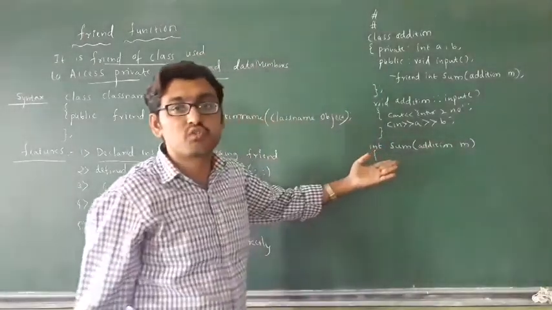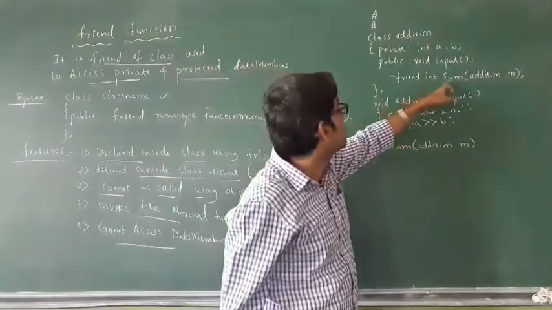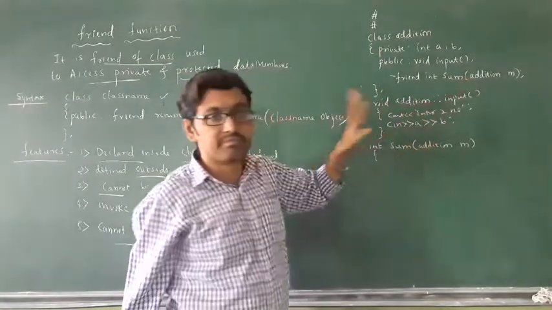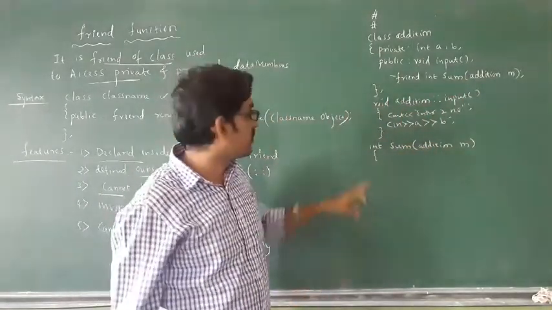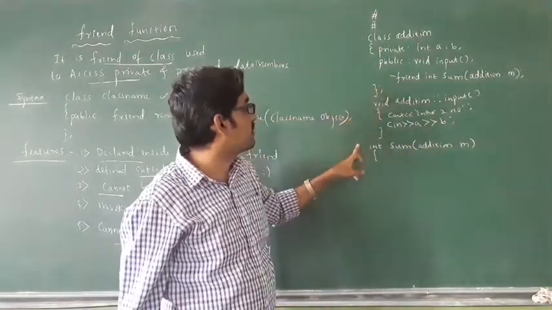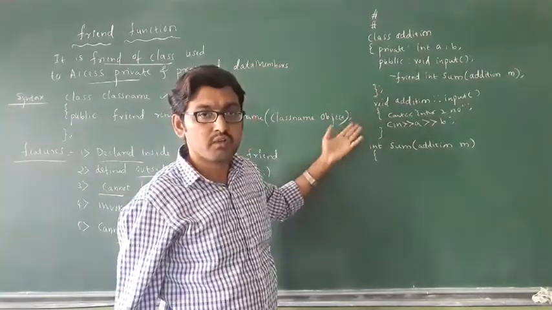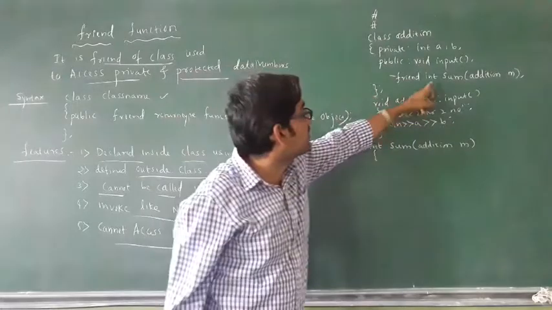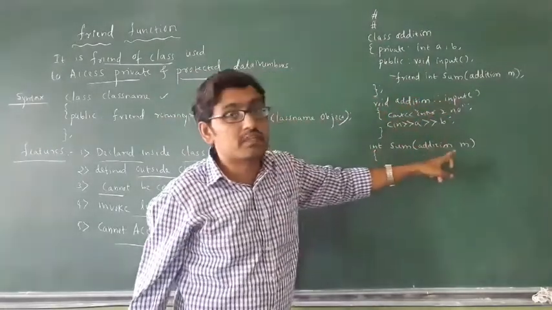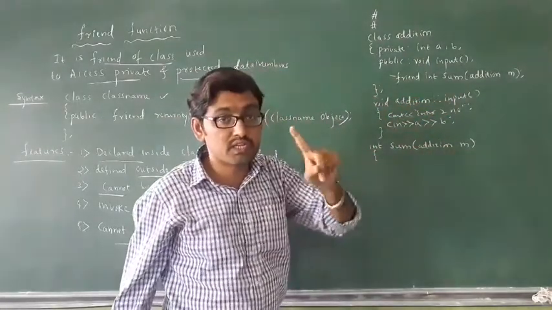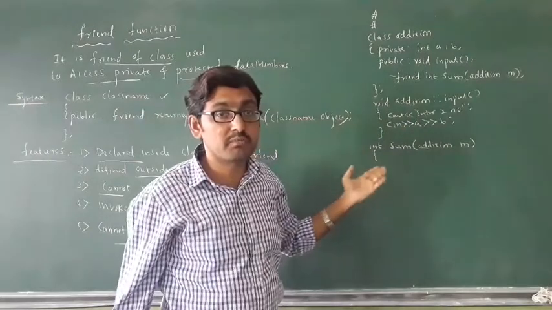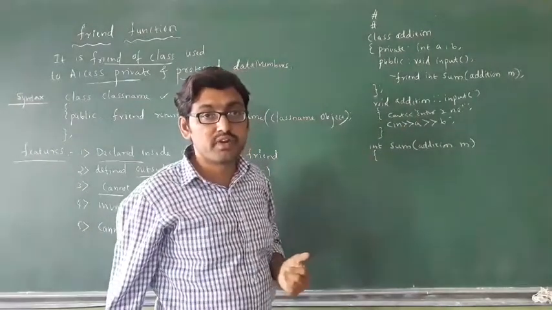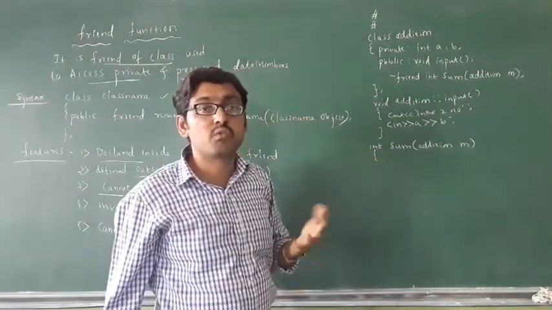I am not using a scope resolution operator here. You can write friend also, no problem, but I already declared it inside, so it doesn't come here. int sum addition m. I am not using any scope resolution operator here because sum is a friend function.